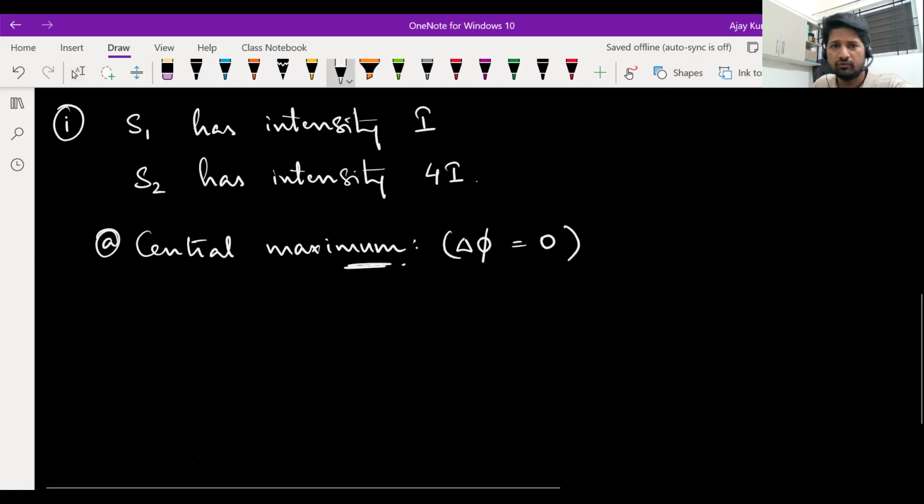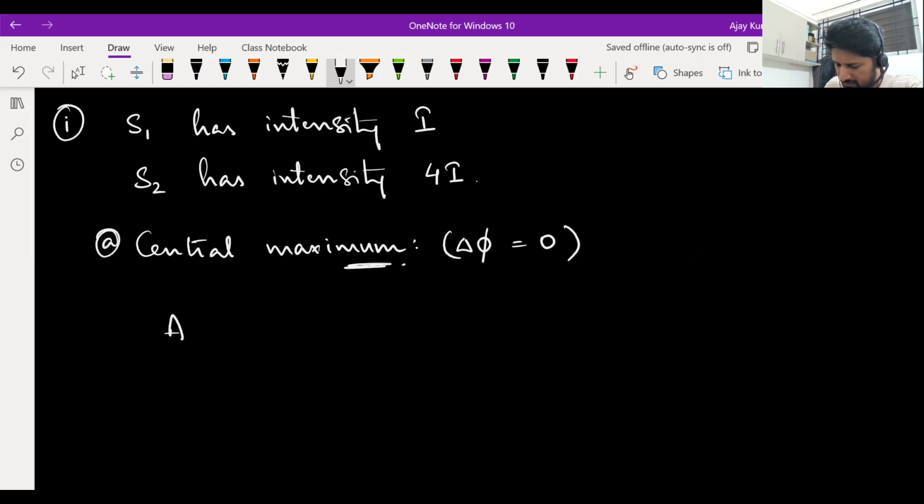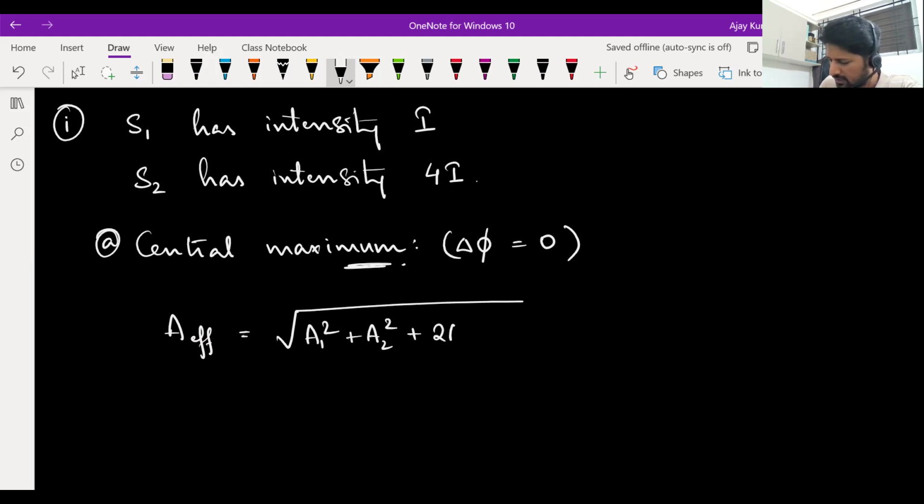Now, if two waves having amplitudes A1 and A2 undergo interference with the phase difference delta phi, then the effective amplitude after they interfere is root of A1 square plus A2 square plus 2 A1 A2 cos delta phi.